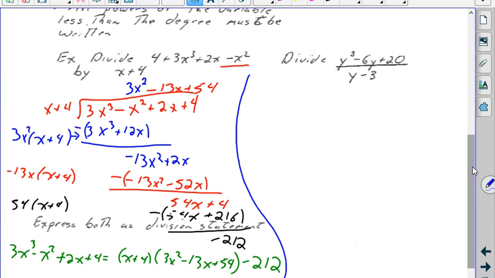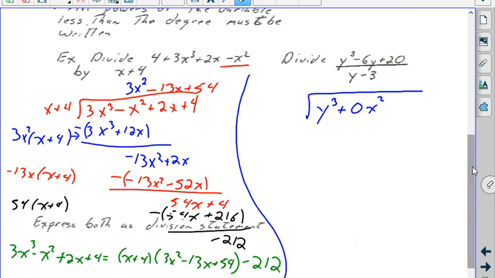Now with this next one, it's written in descending order, but it's missing an x squared term. You've got y cubed, so in my division, I'll start with my y cubed. I have to add 0y squared here. Now, don't write this down.